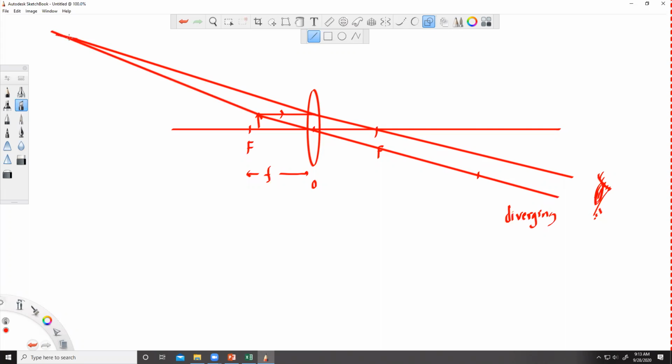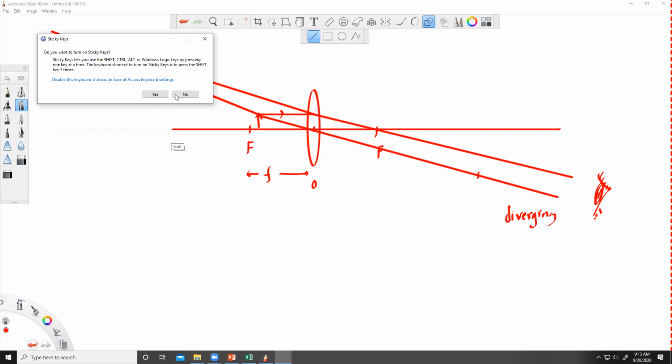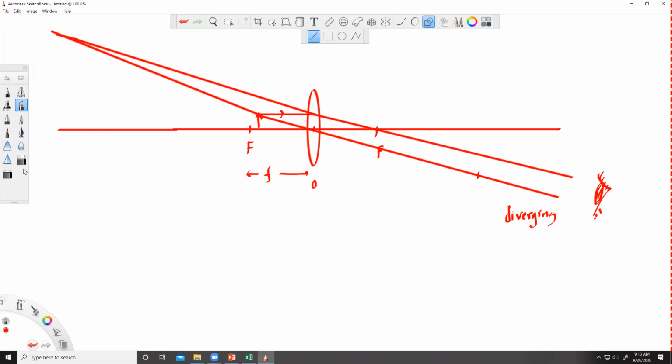When you produce the rays backward, you need to draw a dashed line instead of a solid line.